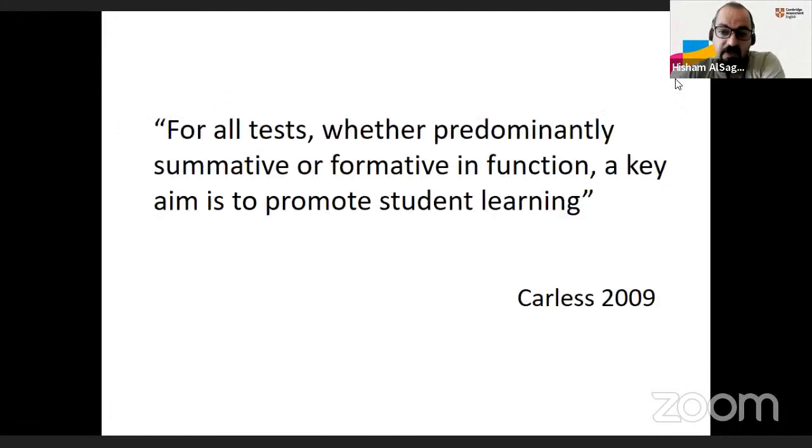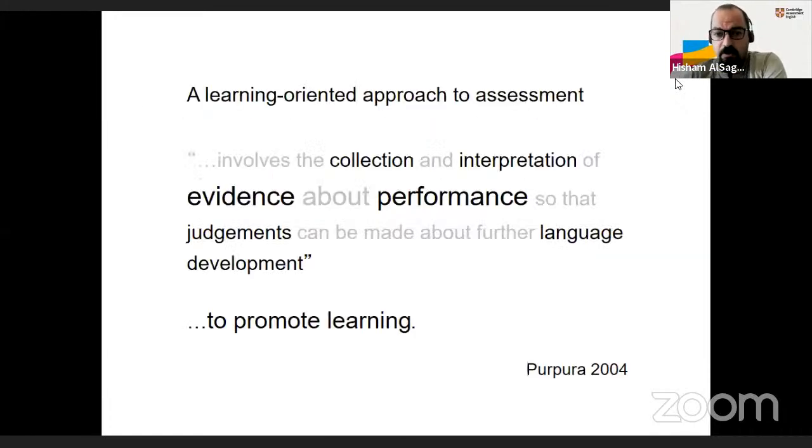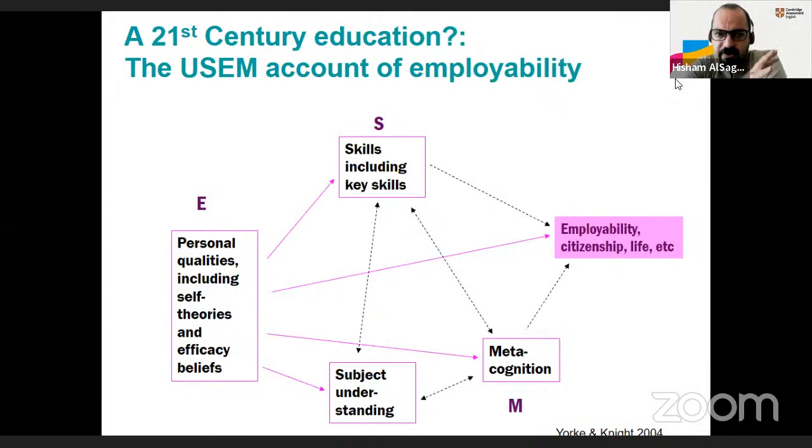For this to work, as I said, there are various approaches. I'm starting typically with the USEM model of learning. The USEM model is a contemporary model of developing more employable graduates from our schools.